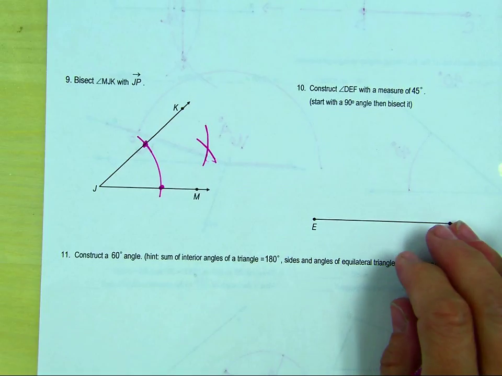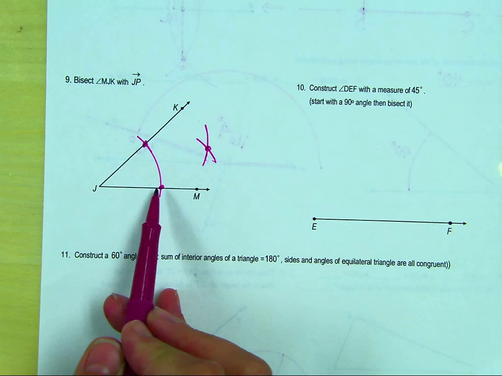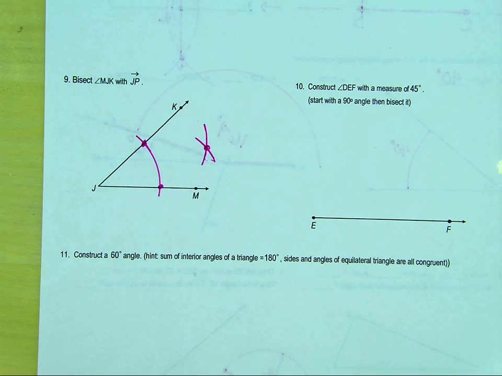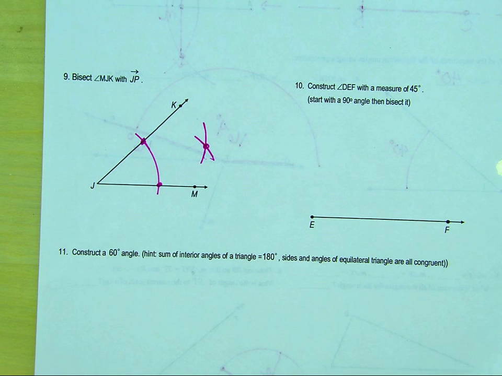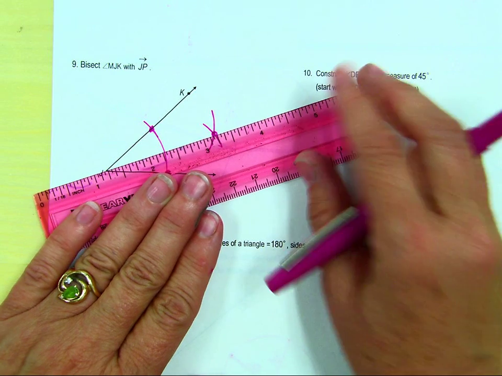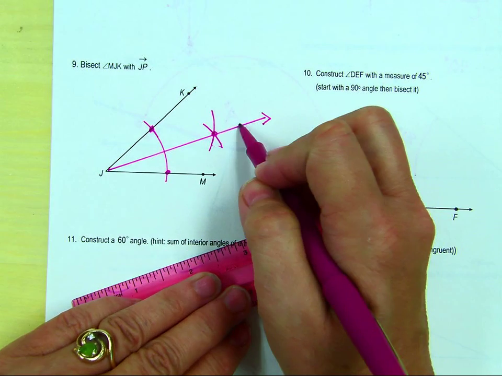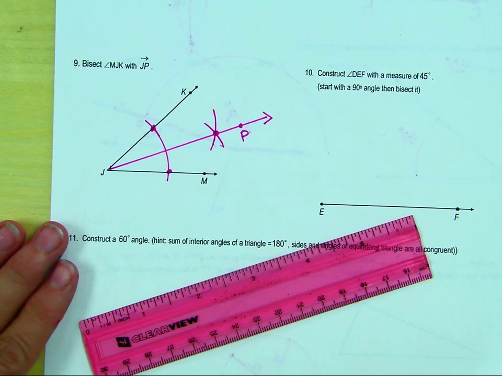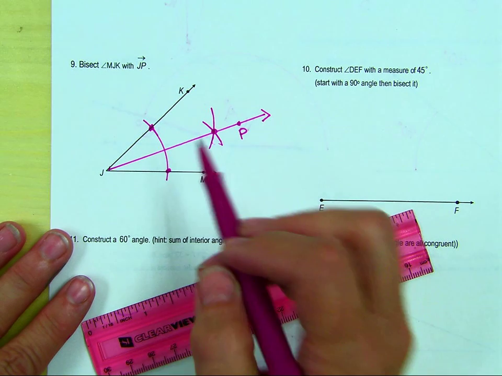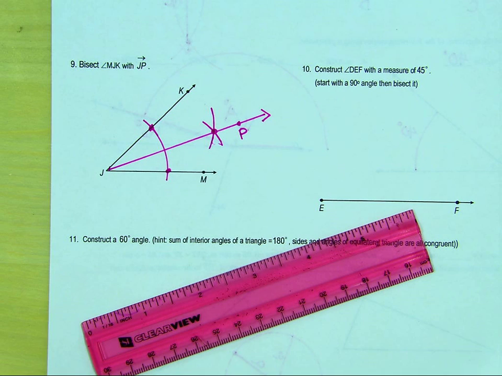Okay, so this point is equally distant to each of those 2 points, which makes that point a point on the angle bisector. So when I take the vertex, my straight edge, and I connect it to that point, I get JP, my angle bisector. So no matter what point I pick on this line, it's equally distant from both sides of the angle.